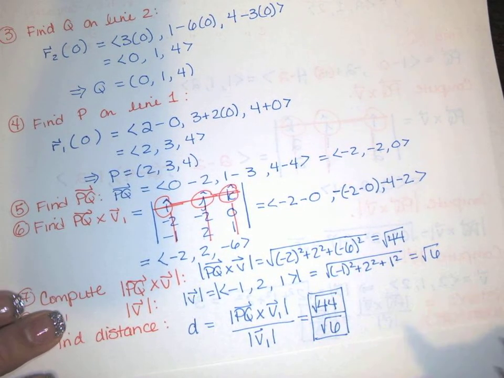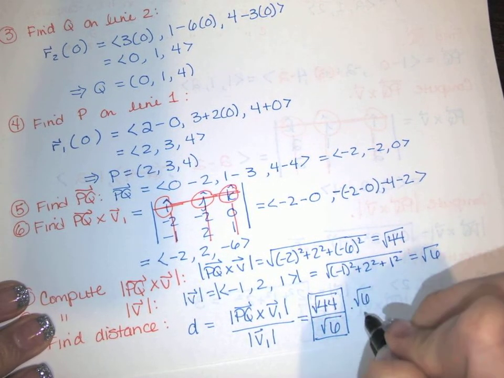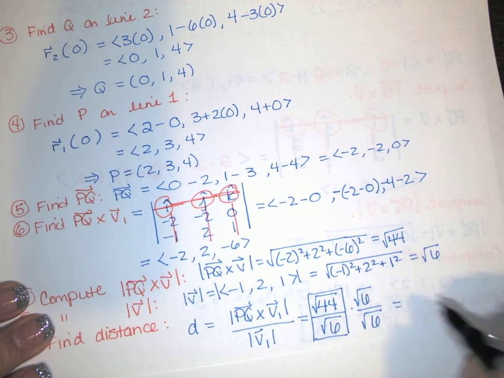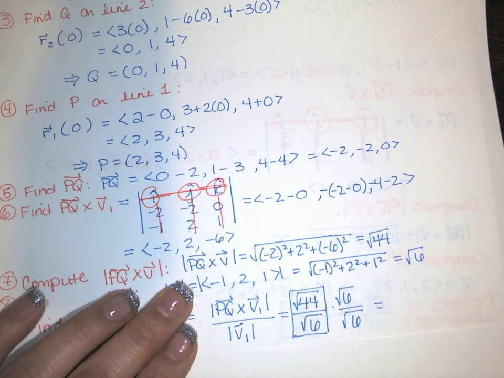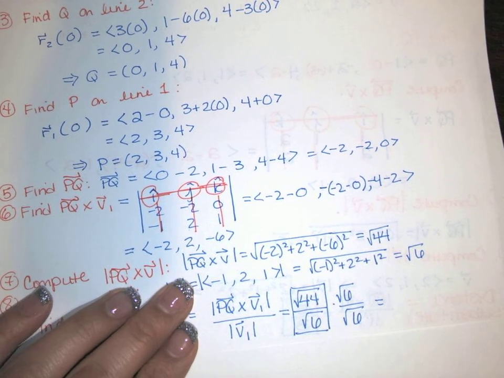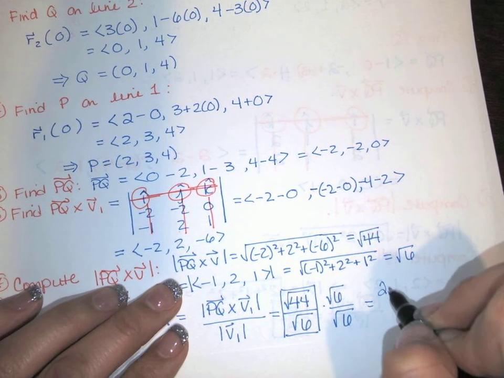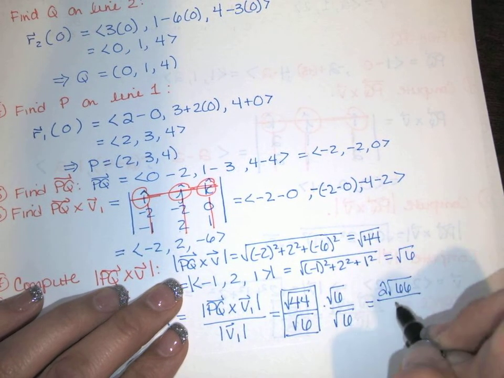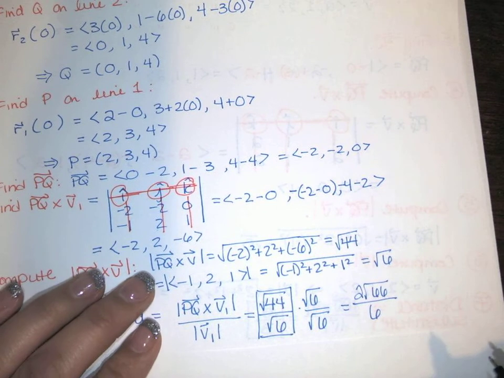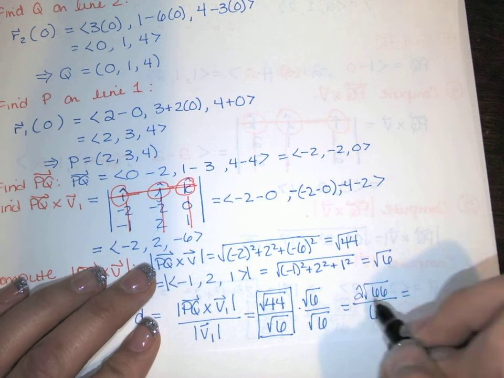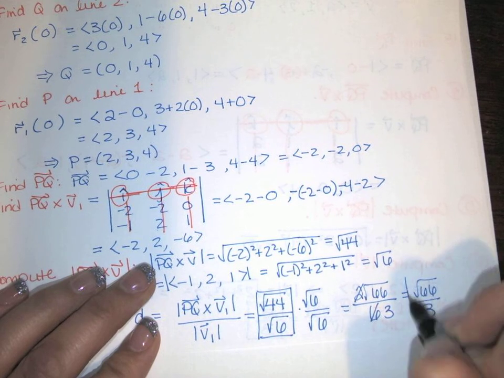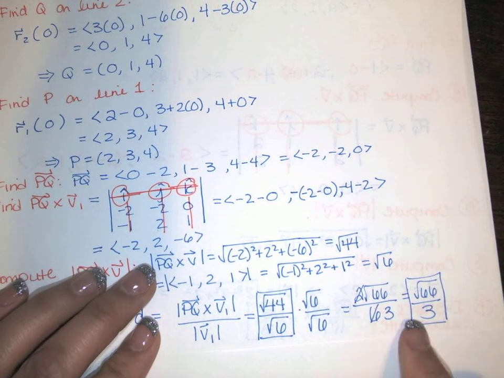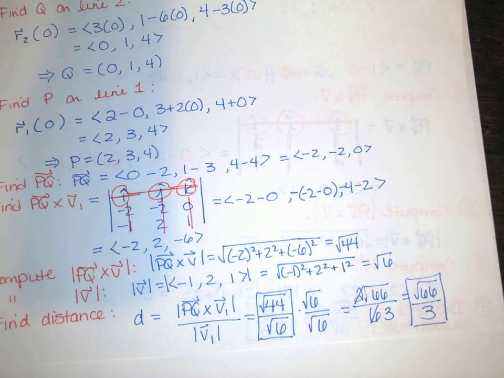We could stop there, or if you prefer to rationalize, you're welcome to. Let's see, 44 times 6. If we take the square root of that, we get 2 root 66, all divided by 6. And 2 goes into 6 3 times, so we get square root of 66 over 3. Either one of these answers is fine for the quiz.